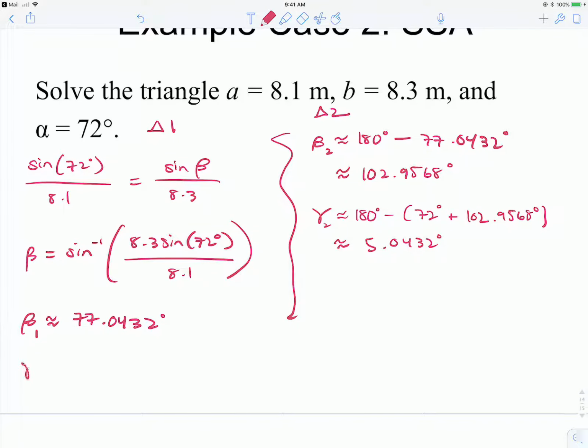So let's find gamma in our first triangle. Okay, so again, subtracting from 180 degrees the sum of the angles that we do know for that first triangle.